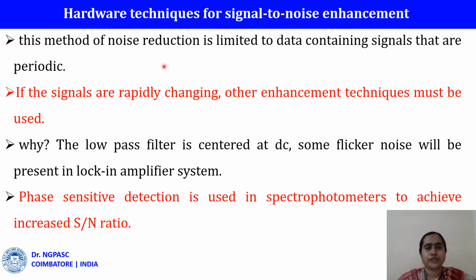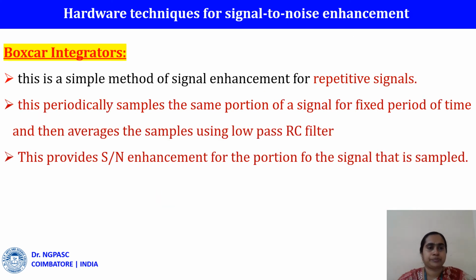This method of noise reduction is limited to data containing signals that are periodic. If the signals are rapidly changing, other enhancement techniques must be used. So why are we going for other techniques? The low pass filter is centered at DC, so some flicker noise will be present in the lock-in amplifier system. Phase sensitive detection is used in spectrophotometers to achieve an increased S by N ratio.